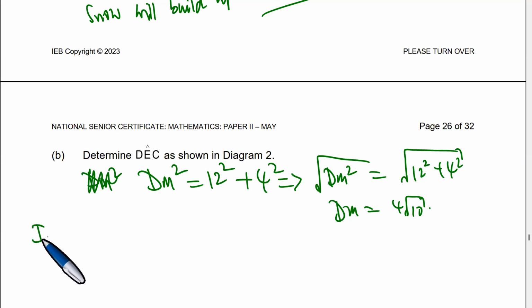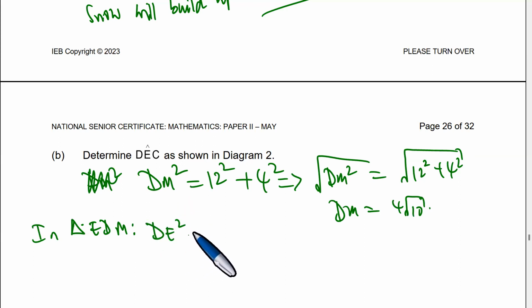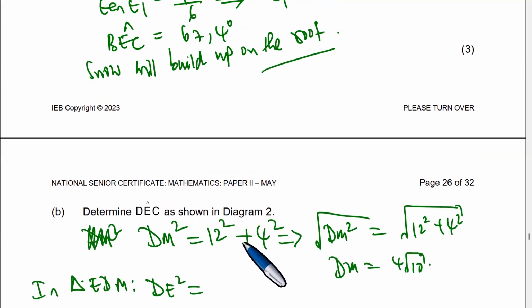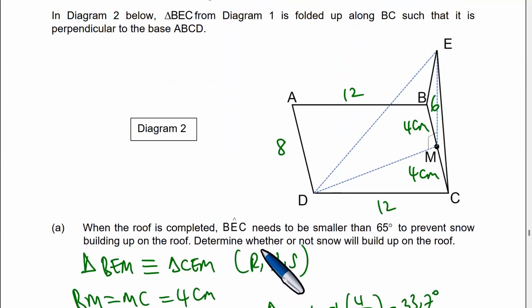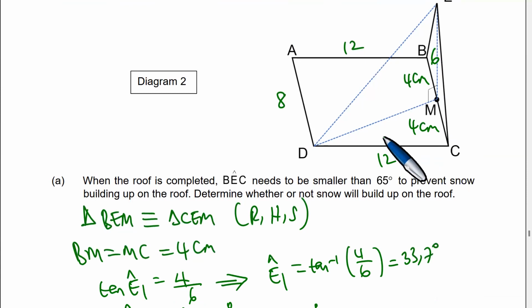In triangle EDM, DE squared can now be determined because we found DM.